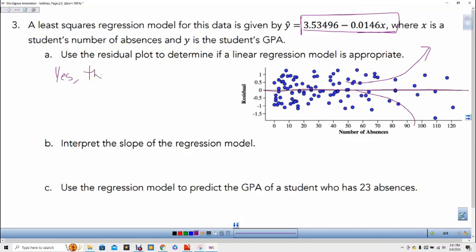There is no pattern in the residual plot, and the residuals look randomly distributed.